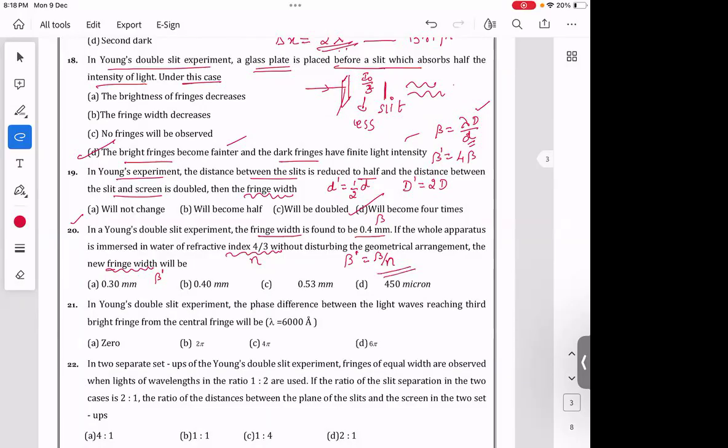So beta dash is equal to beta divided by n. The new fringe width will be the initial fringe width, 0.4, divided by the refractive index, 4 by 3. So the 4 and 4 will get cancelled; 0.1 into 3 will be 0.3. So the new fringe width will be 0.3 millimeter.